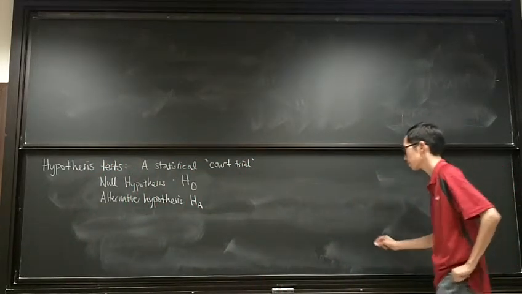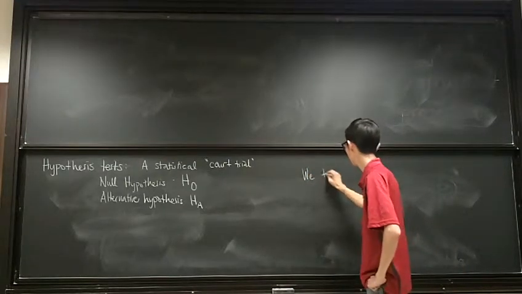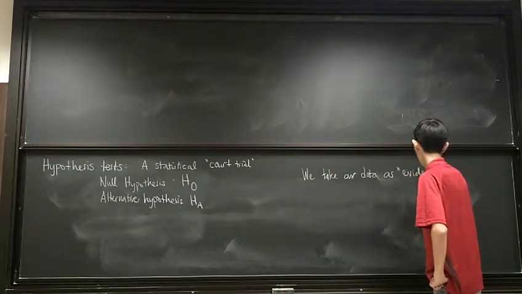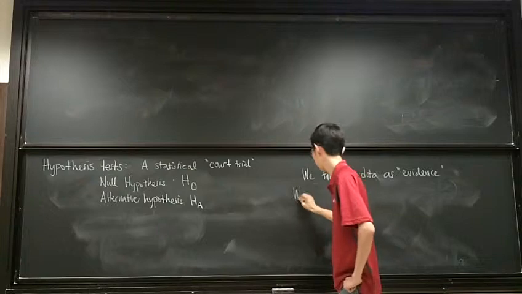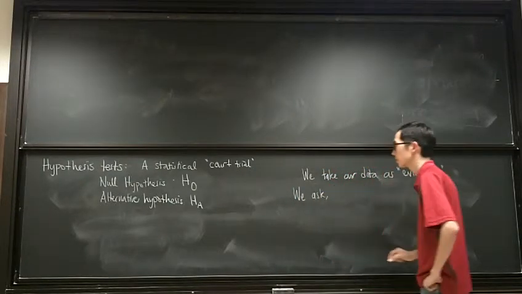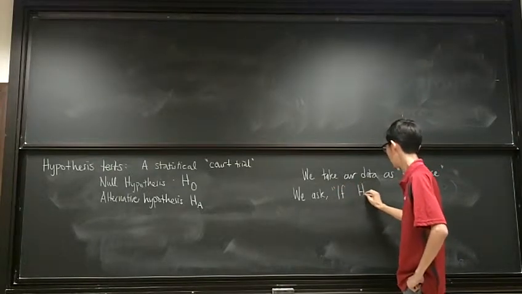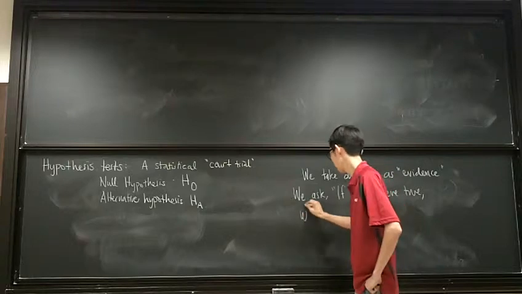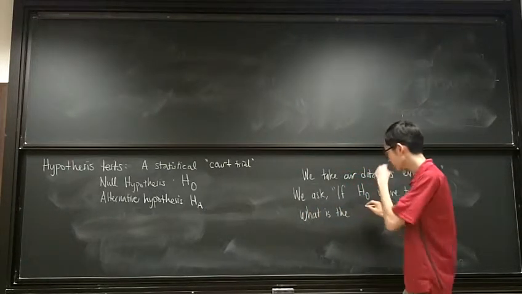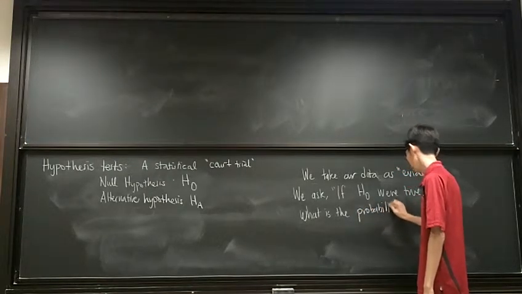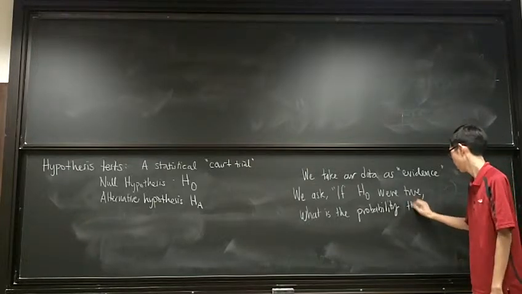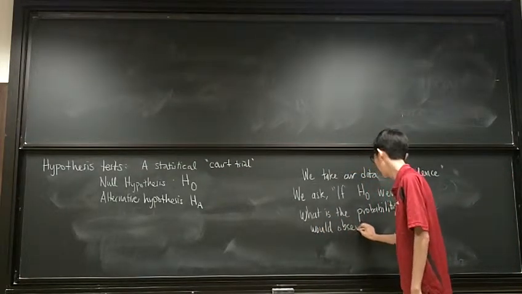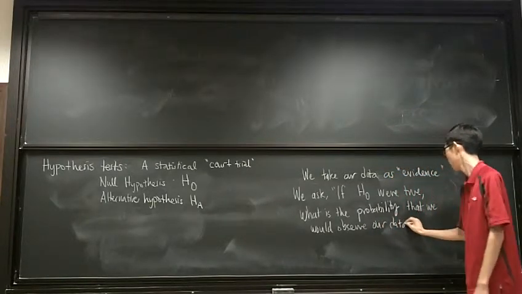We take our data as evidence, and we ask: if the null hypothesis were actually true, what is the probability or the likelihood that we would observe our data, or something more extreme?